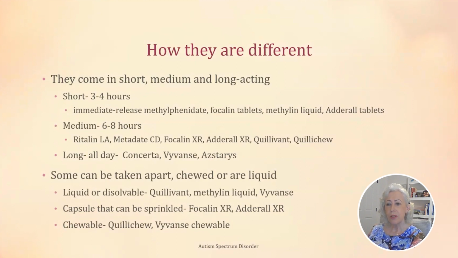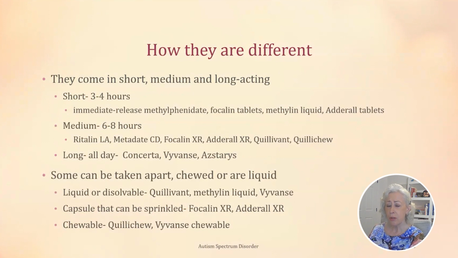The choice of short, medium, or long acting depends on the child and what their needs are. A young child might need only a short duration of action, but a high school student with a lot of homework would probably benefit most from one of the longer acting medications.